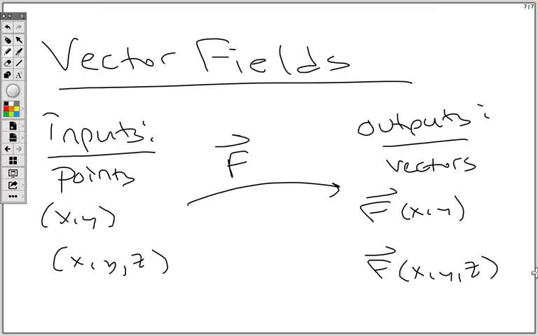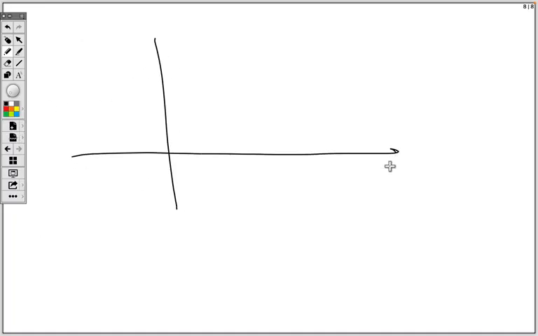Now, unlike vector-valued functions, where we always pin the tail of the vector at the origin and then use it to graph out a curve, the way we're going to graph vector fields is we'll graph the initial point to be the input point. So when we go to graph a vector field, say it's a two-dimensional vector field, so we've got a vector F of x, y.